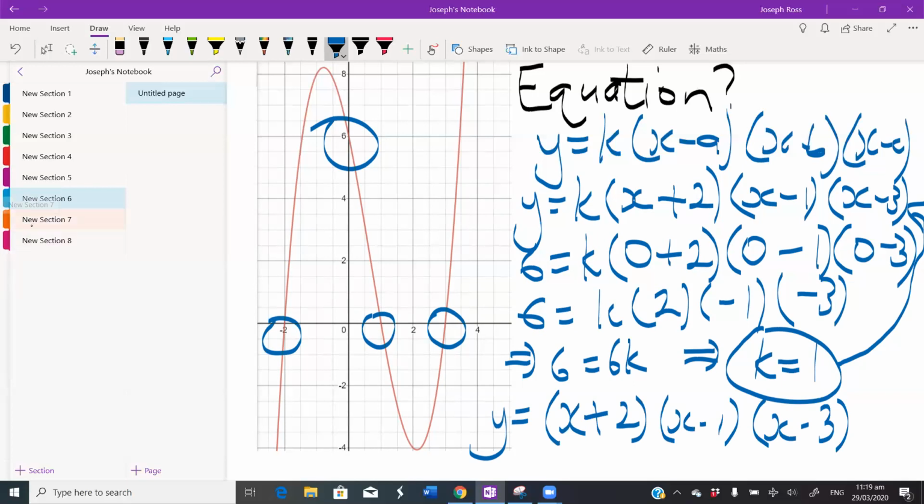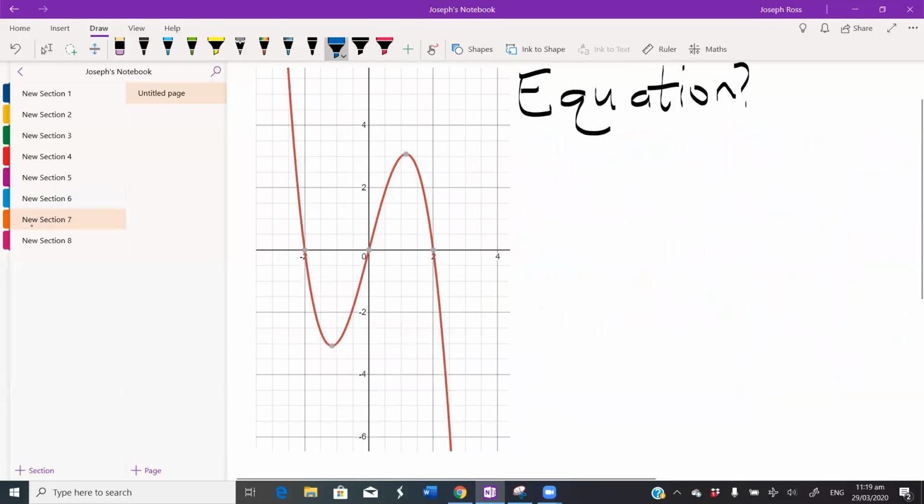Now with the next cubic we see there, let's work out what our x-intercepts are, which are going to be, in this case, -2, 0, and 2. Okay, so we also notice that this cubic has a general downwards trend.